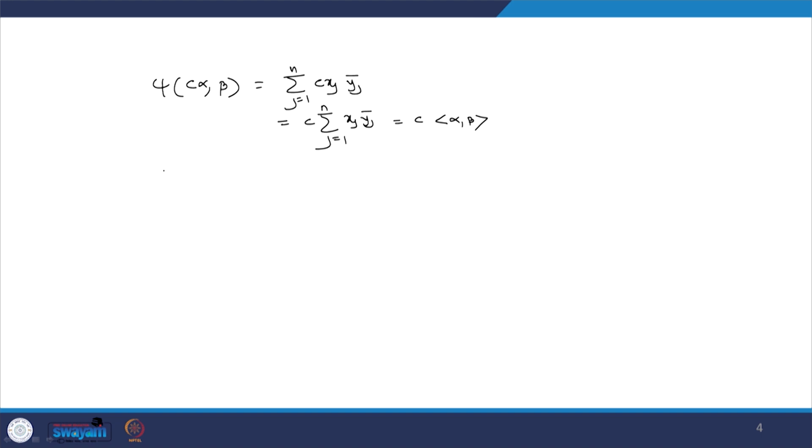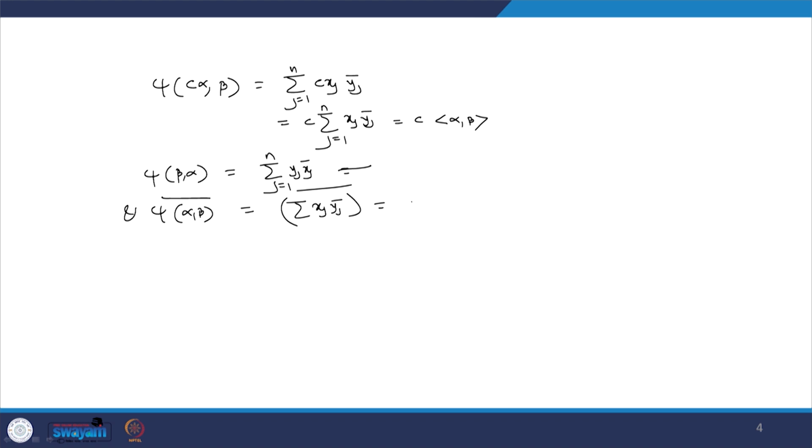Now, the third one. Psi of beta alpha equals sigma yj xj bar, j equal to 1 to n. Again, psi of alpha beta whole bar equals sigma xj yj bar whole bar, and this is equal to sigma, I can write yj bar bar, that is yj, and xj bar, j equal to 1 to n.